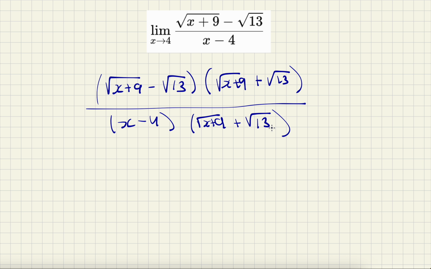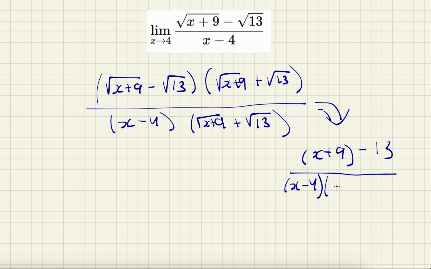Right? And now if we solve for this, I'll write this down here, we get x plus 9 minus 13 over simply the same denominator, x minus 4 times the square root of x plus 9 plus the square root of 13.